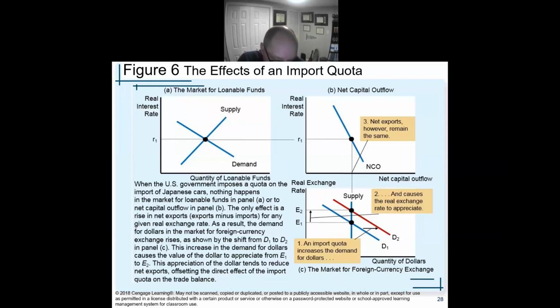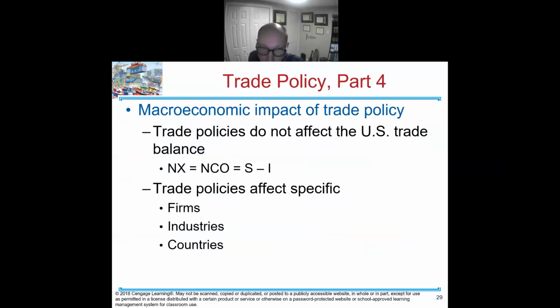You protect the companies manufacturing cars here by limiting the number of cars being imported from other countries. It basically forces people to buy what's being made domestically, indirectly, of course. So our trade policies have a lot of impact on what is happening around the world with respect to trade.